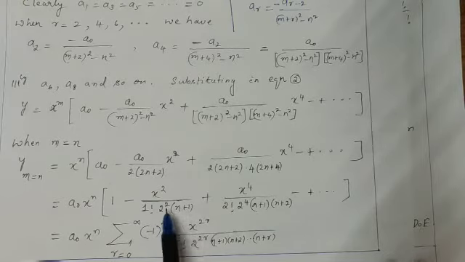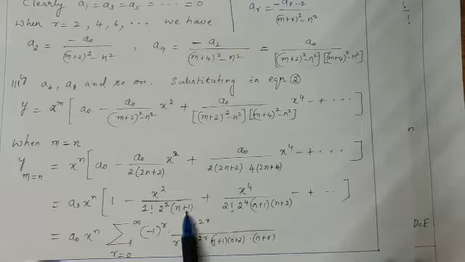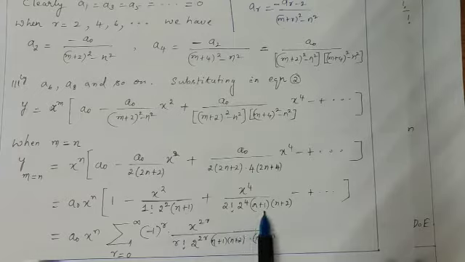Then 2 power 2, 2 power 4, that means power of 2 is even, so 2 power 2r. Then n plus 1 when r is equal to 1, next n plus 1 when r equal to 2, n plus 1, n plus 2, therefore when r is general, it is n plus r. So the factors continue like this, n plus 1, n plus 2, etc., n plus r.